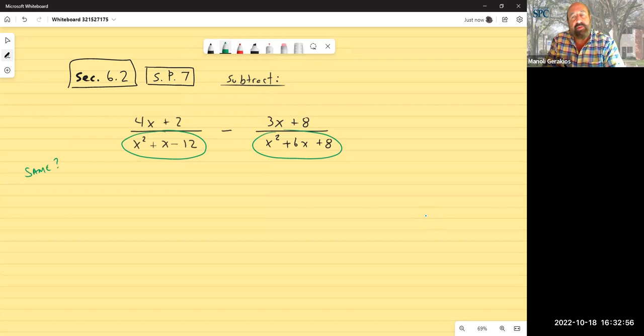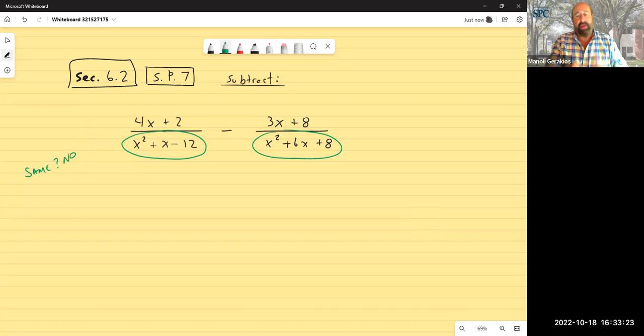And I compare part for part. x squared plus, oh, there's the first difference. This denominator has a 1x, and the other denominator has a 6x. As soon as I saw that, if there's one difference like that, I have to say, nope, these denominators are not the same.